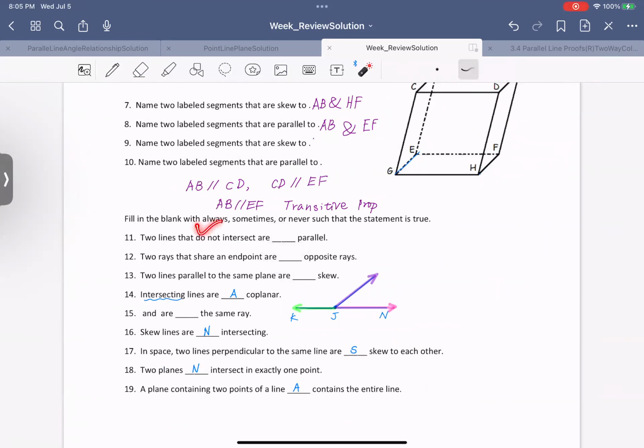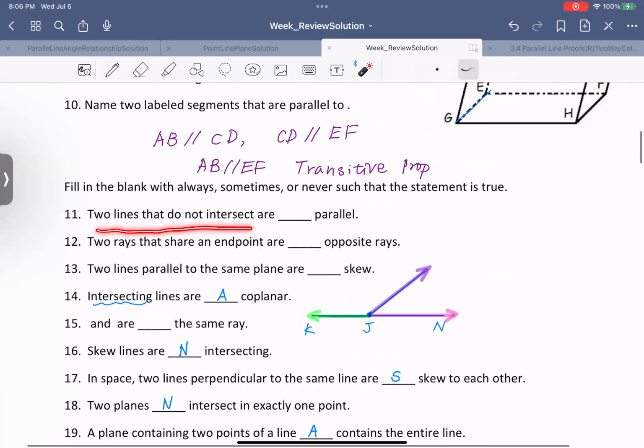Next one. We will do those always, sometimes, never questions. Sophie, let's go ahead. What do you think? Two lines that do not intersect are sometimes parallel. Yeah, because they could also be skew lines, right?